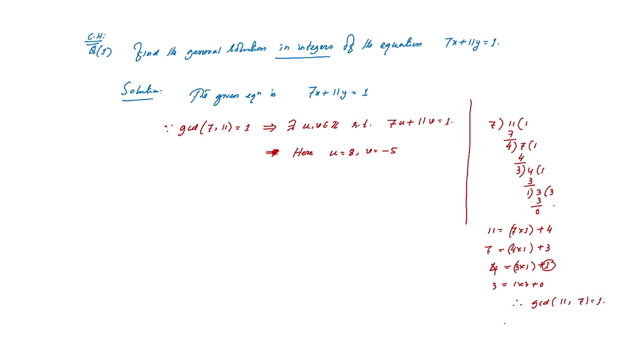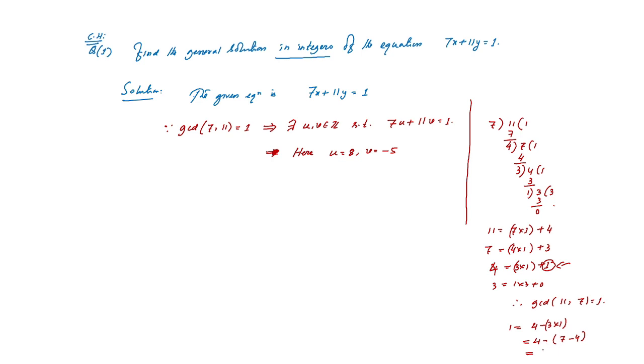And from that we can calculate, just move to reverse. So 1 equals to 4 minus 3 into 1. Just to put the value of 3 here. So 4 minus 3 means 7 minus 4. And after that, we just change the value of 4.